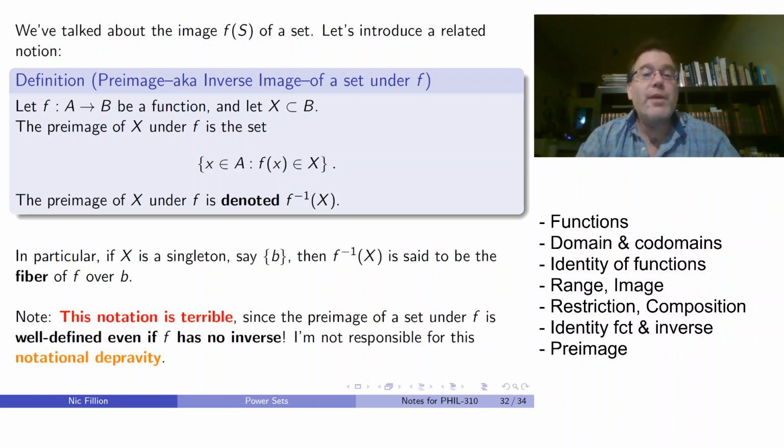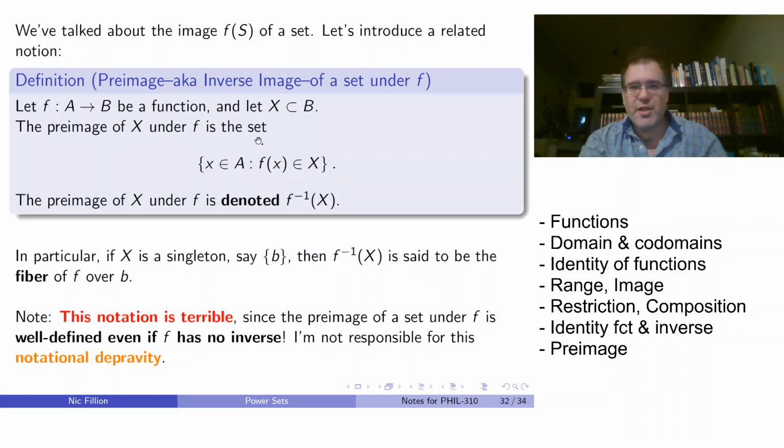Now, the reason why I say this notation for the inverse image or the preimage is terrible is that if you look at the definition of that set, it doesn't presuppose that f has an inverse, right? Some functions have an inverse, some functions don't have an inverse.